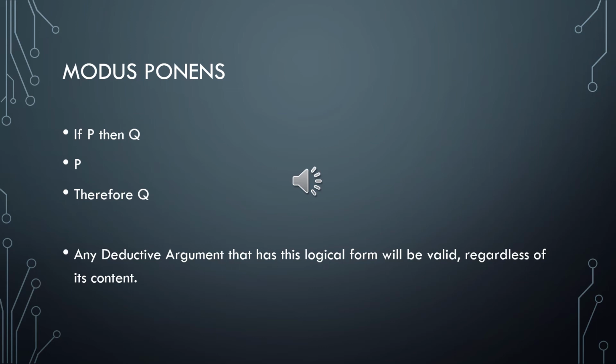So rather than having to think it through hypothetically, if the premises were true, would the conclusion have to be the case? It's really much simpler to simply recognize it's modus ponens, automatically valid, and then you can move on to the second test, which we'll learn for next week. So learning these forms may take a little bit of time and practice, but again, it's going to be worth your time.